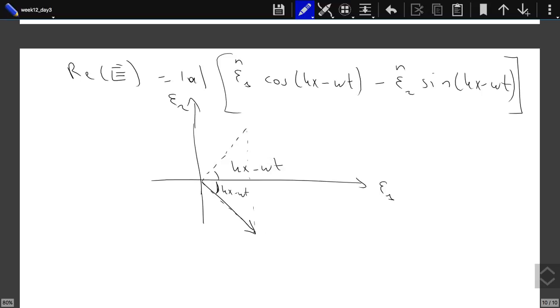Eventually it will be 0, it will become negative. So this polarization vector, its magnitude doesn't change in time, but it will trace such a circle.